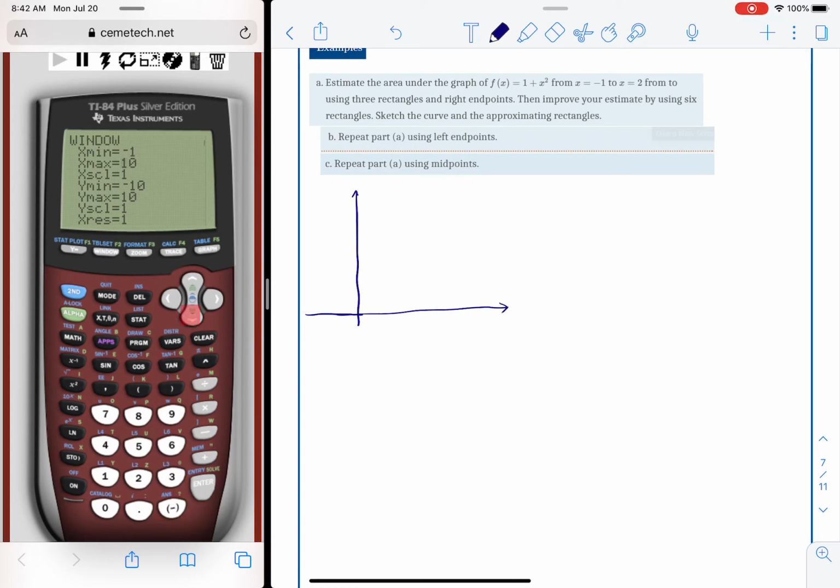Going to set it from -1 to 2 because that is the domain of values where the function is defined, and the value of y is not going to exceed 5, so I'm going to set it at 5. And that is the graph that we get. When x is 0, we're going to be at 1.